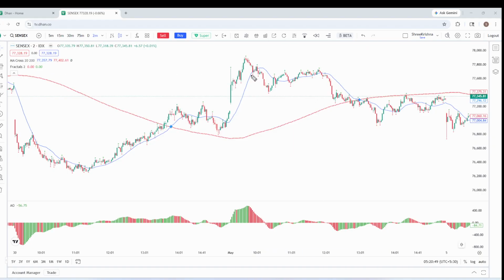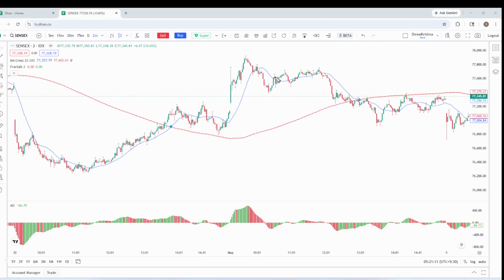So this is the first fractal break below 20, and it continued and it made a pivot here. That's called a pivot. This is a fractal, this is a pivot, because a pivot has got a certain A, B and C. Let me get this color correctly. A, B and C, pivot has got this.